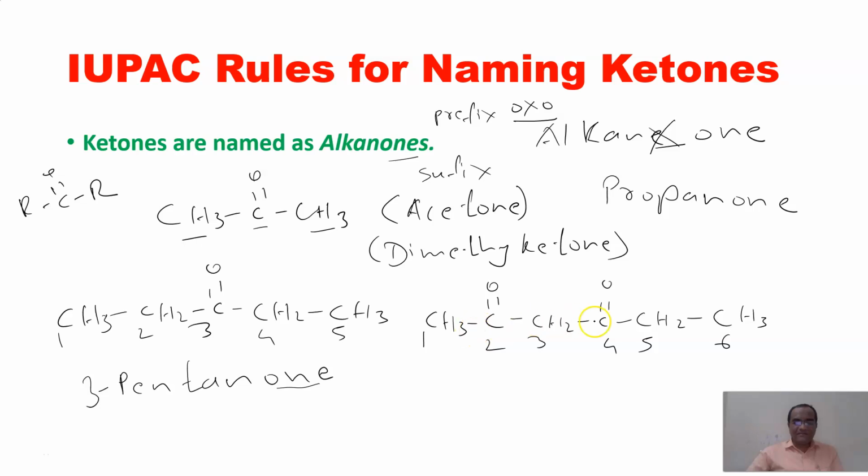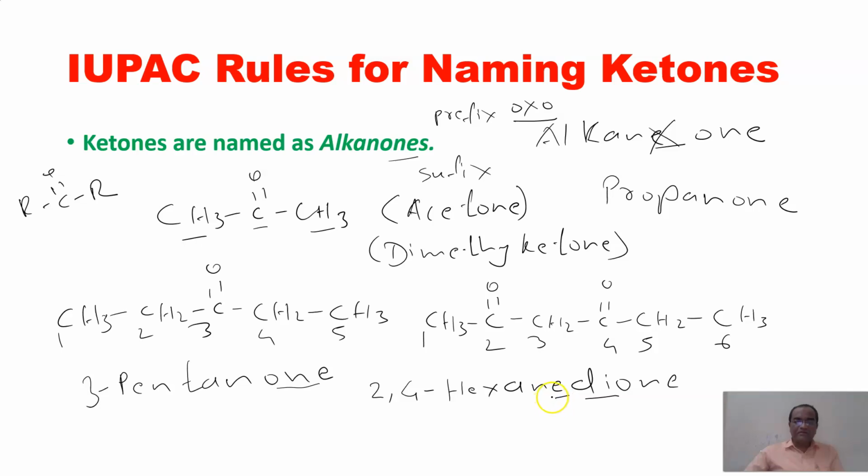It means the structure is of a hexane. Hexane means in case of an alkane, but here there is a substitution. That substitution has to be marked. It means I have to write the number of that substitution at where this ketonic functional group is present. So I will write hexane dione. Again, remember that in case of alcohols and in case of an aldehyde, we have seen whenever a di comes, E is written.